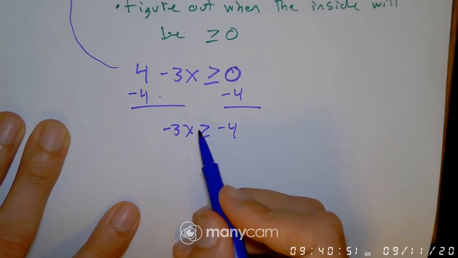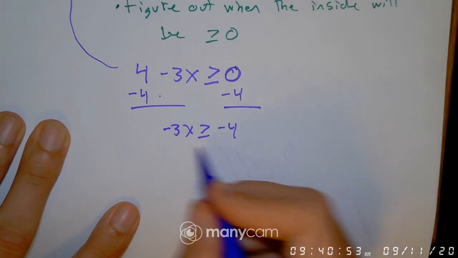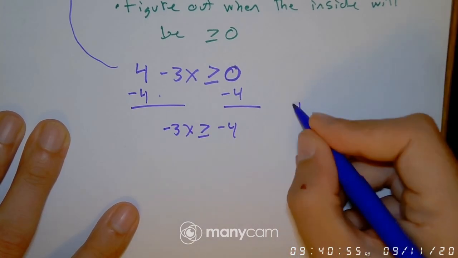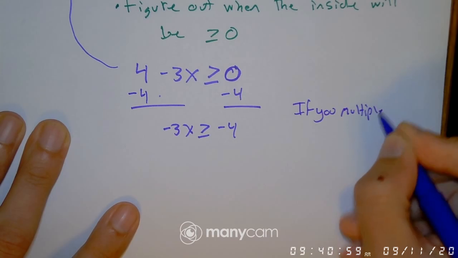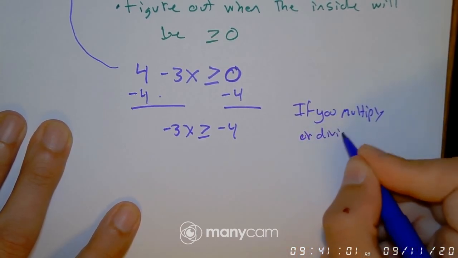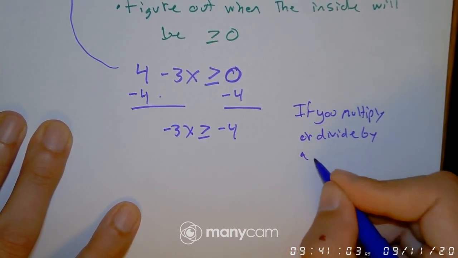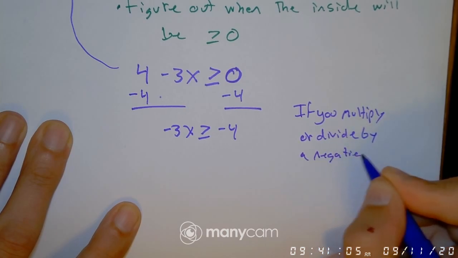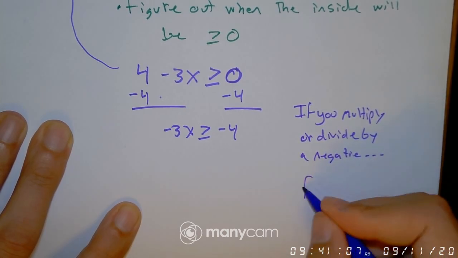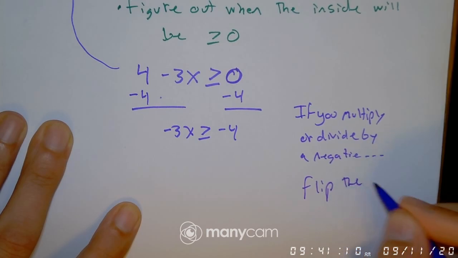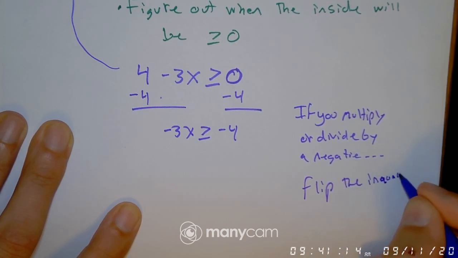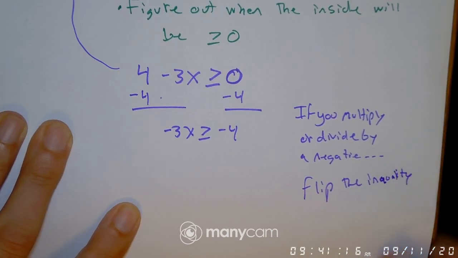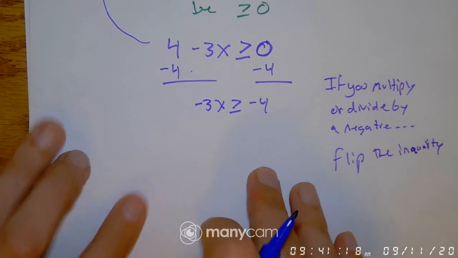Whenever you multiply or divide by a negative, you have to flip the inequality sign.